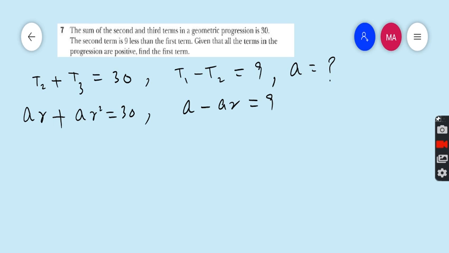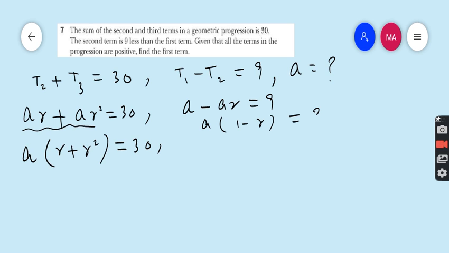Taking common A from the first expression, it is r plus r square is equal to 30. And taking A from the second, we will have 1 minus r is equal to 9. Or we may write A is equal to 9 upon 1 minus r.